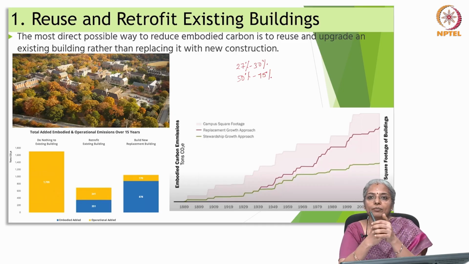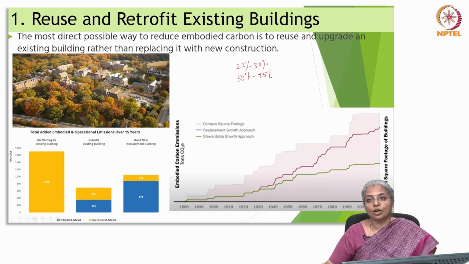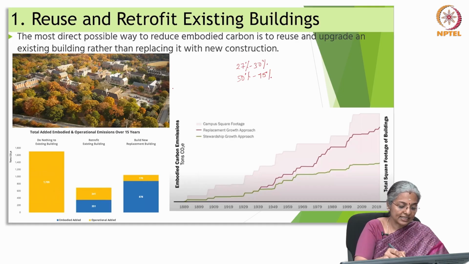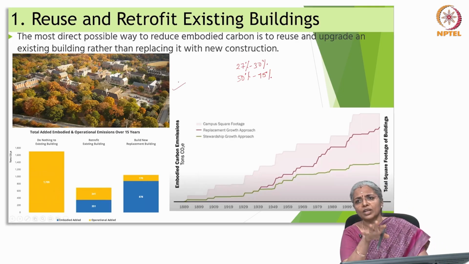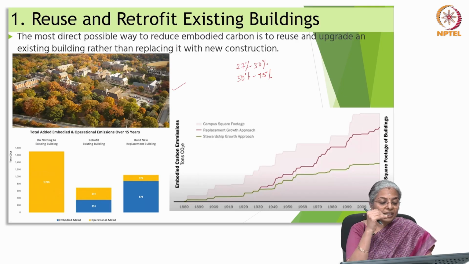For example, if you look at the historic district of Decatur in Georgia, this was founded in the year 1887. So, if you look at this case study, when this campus became obsolete according to them, they could have demolished all the buildings and rebuilt everything.